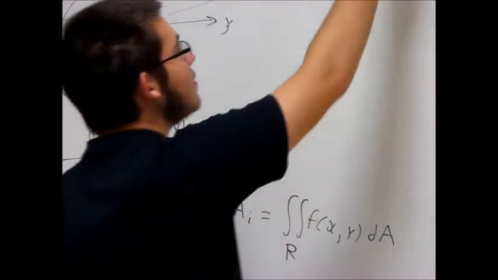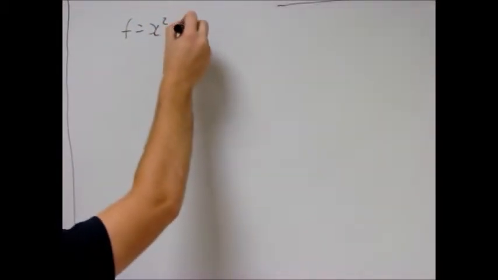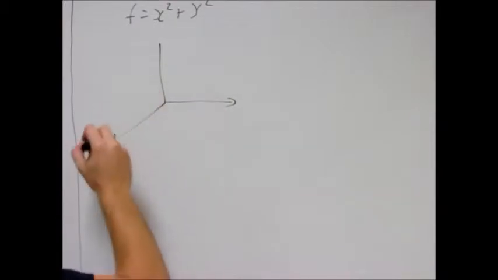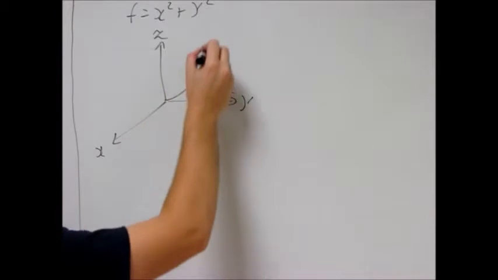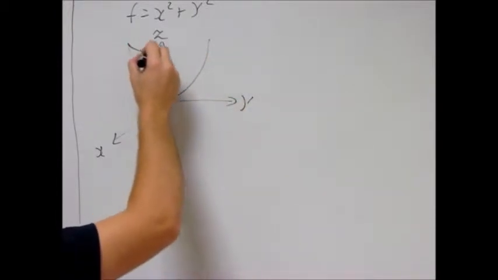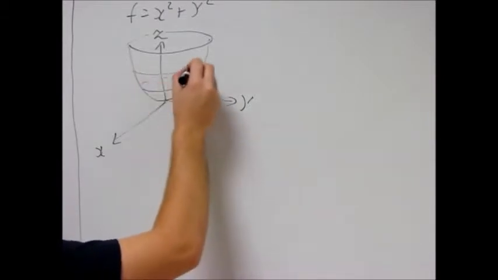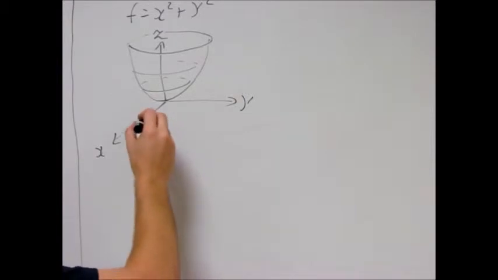So how can we actually calculate this integral? Well, let's start with an example. Let's consider a function that we've seen many times, x squared plus y squared. I know what this looks like. It looks something like this. Let's say we just want to do a simple region, just the unit square.